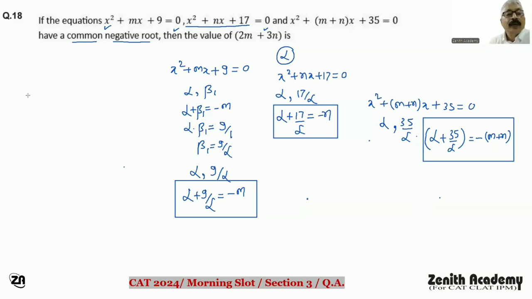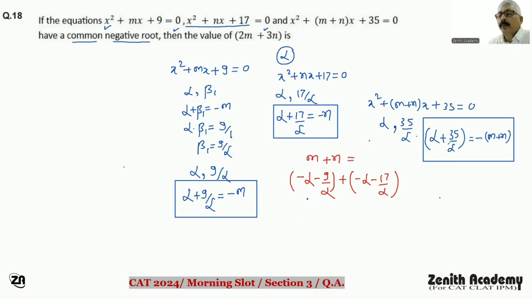So do one thing. m is minus alpha minus 9 by alpha, and n is minus alpha minus 17 by alpha, right? So this is what m plus n is.